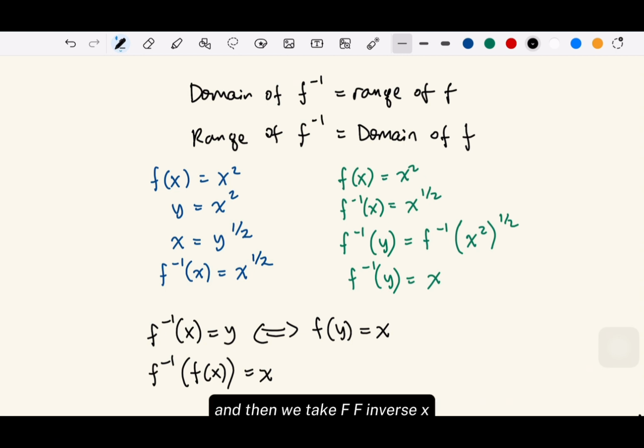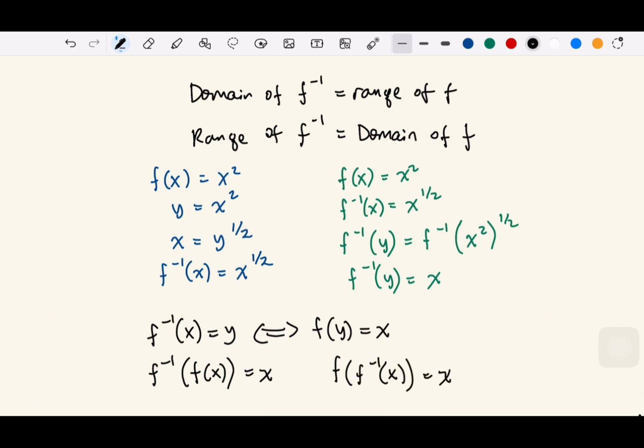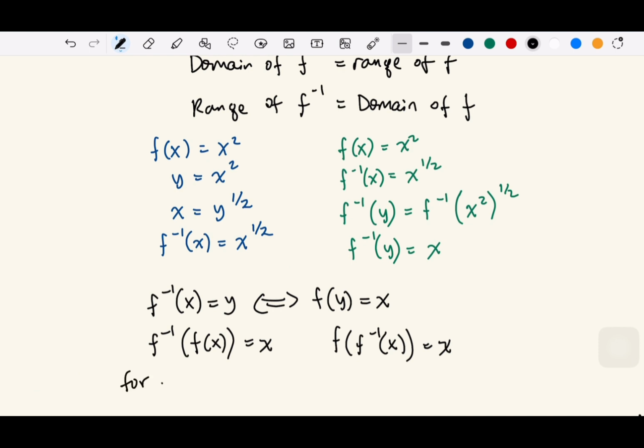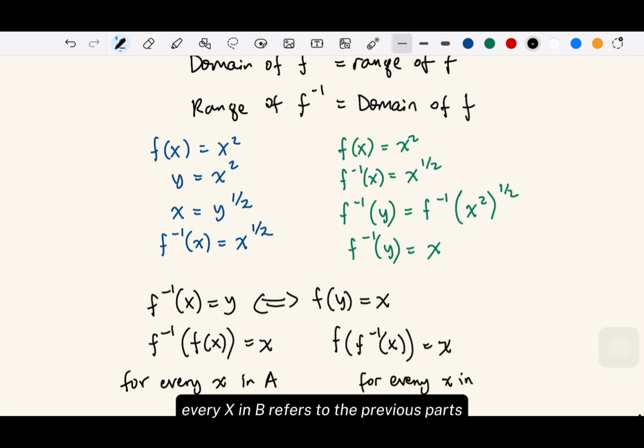And then f of f inverse of x is also x. This is true for every x in A, and this is for every x in B, referring to the previous parts.